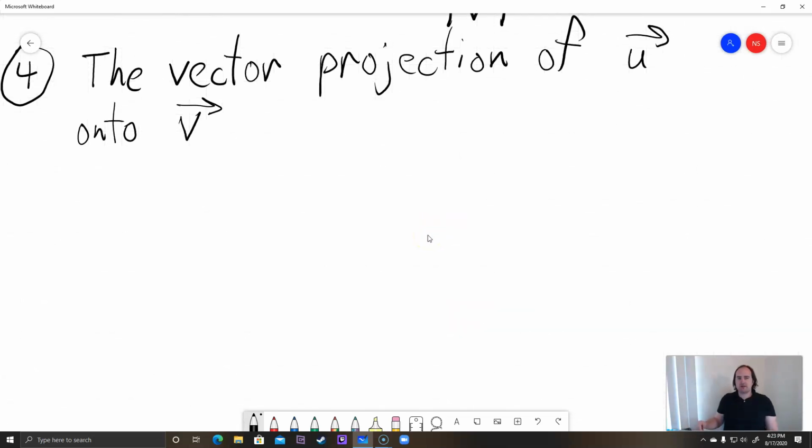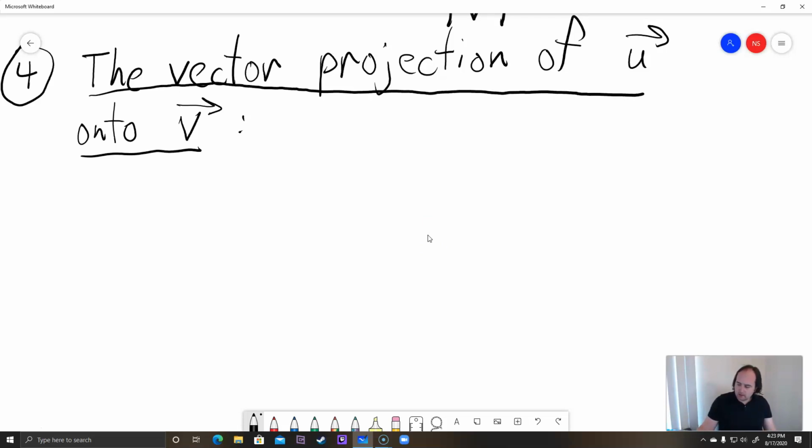Okay, so the vector projection of u onto v, our formula is a rather complicated formula, I'm not going to lie. It's not that hard to use, it just looks complicated. So the way it's written is you write PROJ, that stands for projection, and then we write a little v as a subscript, and then we write a big U as an actual letter there.